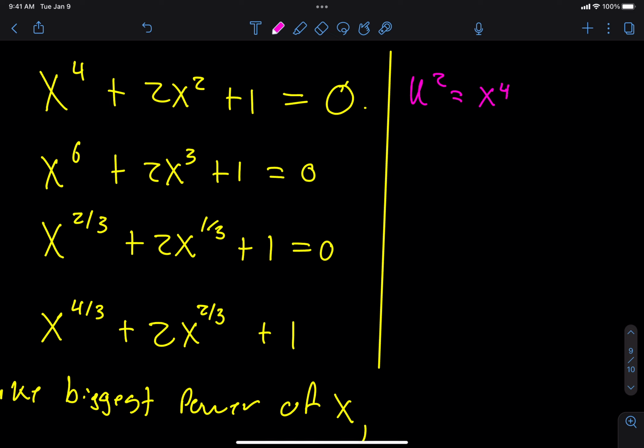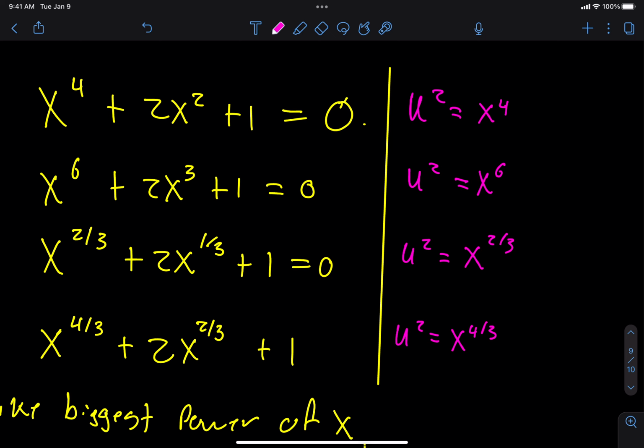The second one, what would we set u squared equal to? x to the 6th. How about the next one? x to the 2/3. And the next one? x to the 4/3. Now let's solve each of these for u.